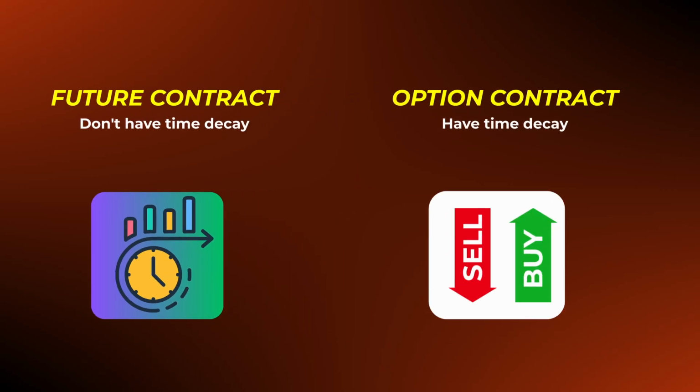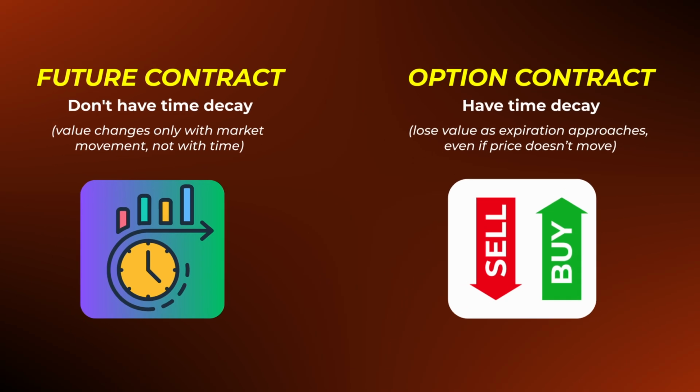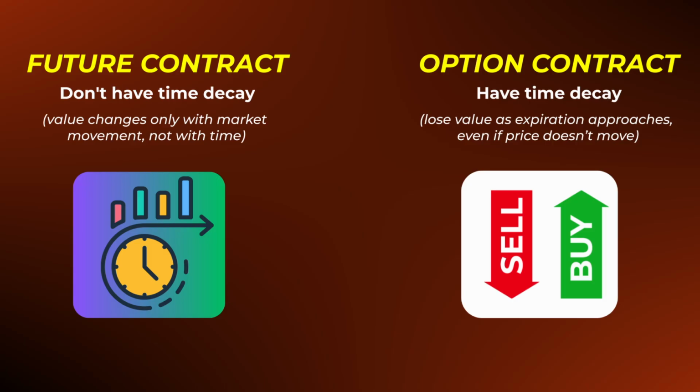Options have time decay, meaning that if it does not move in either direction, it's still going to be losing value because it's always going to expire. Options, as you guys know, can expire today, tomorrow, or years from now, but it will expire. The futures contract would expire, but it does not have time decay. You're not going to lose any value because it's getting closer to expiration. You're going to have to move your futures contract to a new expiration period, but you're not losing any money due to time decay.